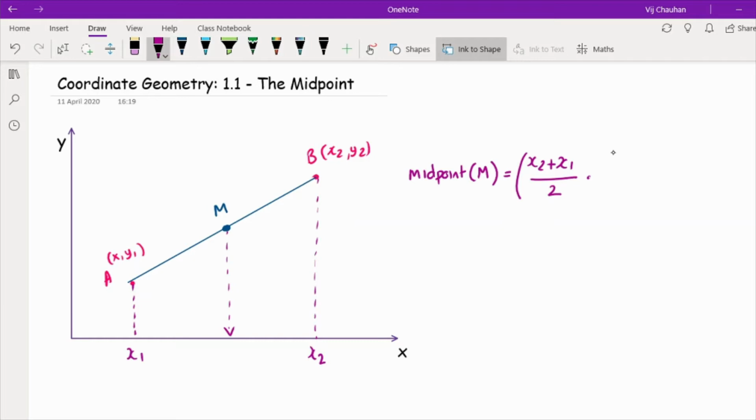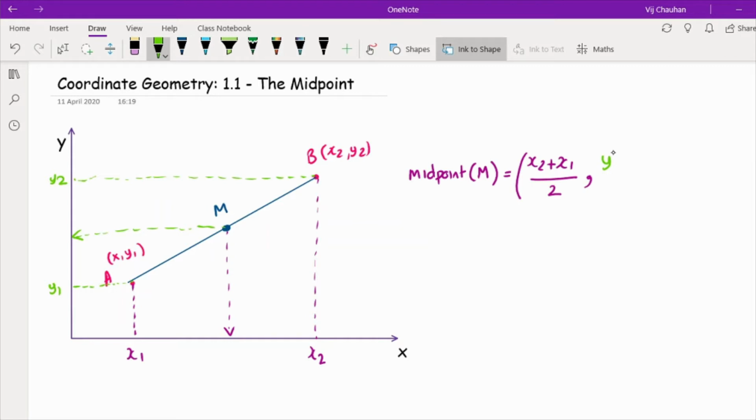And similarly for the y ordinates, if I get a different colour, let's go for green. Here my y ordinate is going to be y1, and this length here is going to be y2. So the y ordinate for M is going to be the middle value between y2 and y1, and to find that, I need to add the two y ordinates together and divide by 2.